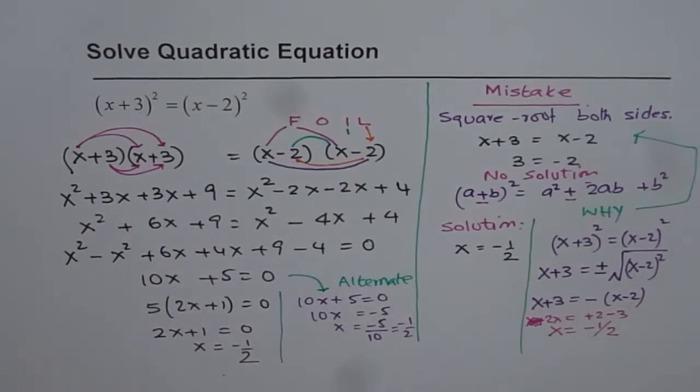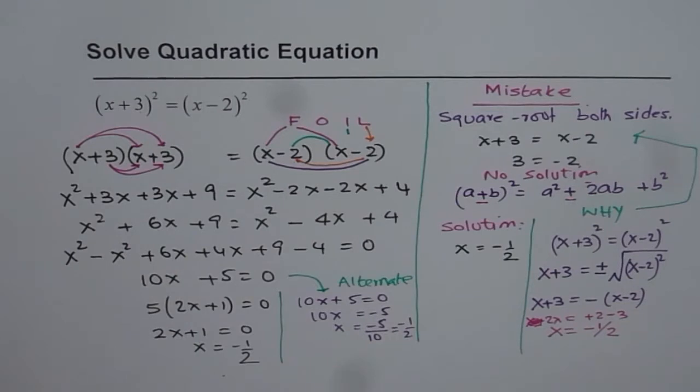Do you see that? So the idea is we cannot rush into these kinds of solutions and get a wrong result. We need to understand that when we square root, we actually have to take both plus and minus. So think about it. 1 square is 1 and minus 1 square is also 1. That is the strategy, right?